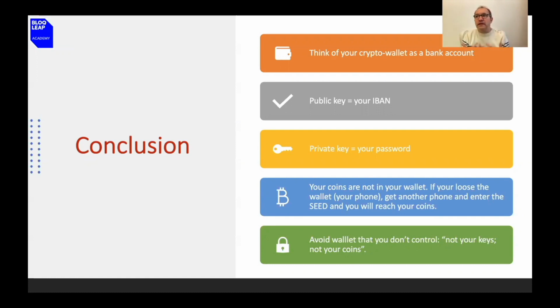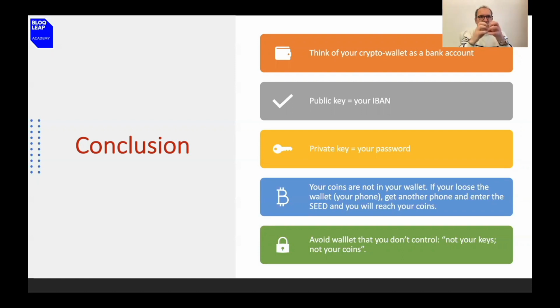Why? Because basically you control the whole amount of coins. All your wealth is under your control, not a third party, okay? As well, remember as a very simple concept that your public key is the equivalent of your account number for your bank, or your IBAN. Your private key is like your password for your bank account. So it's the same concept, different names: public key, private key.